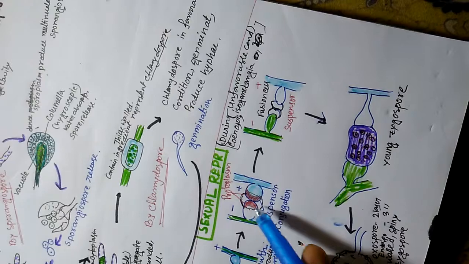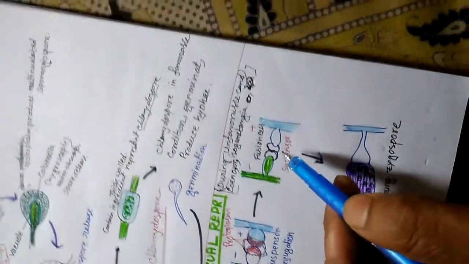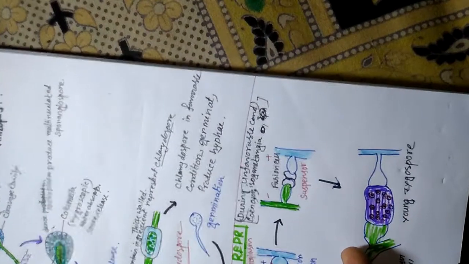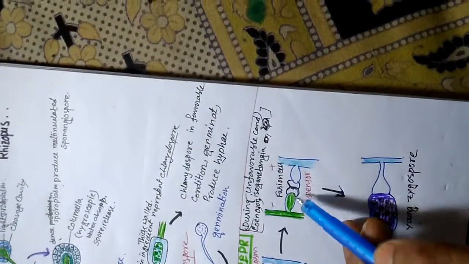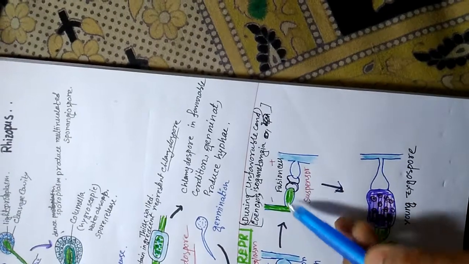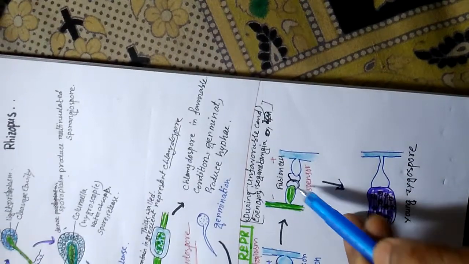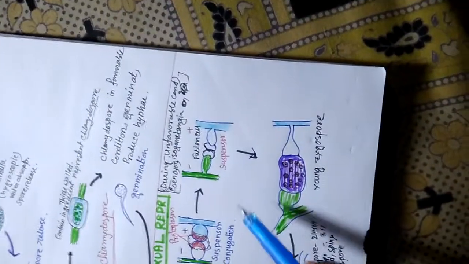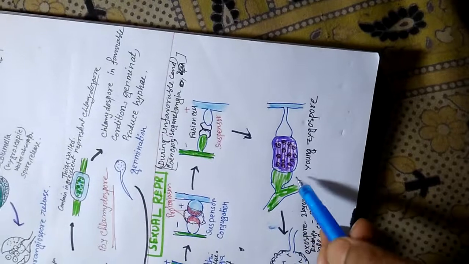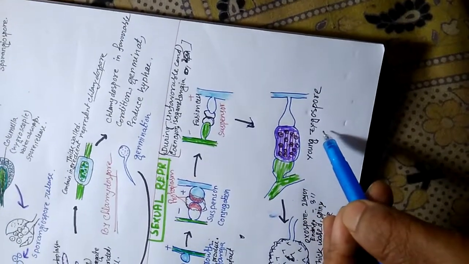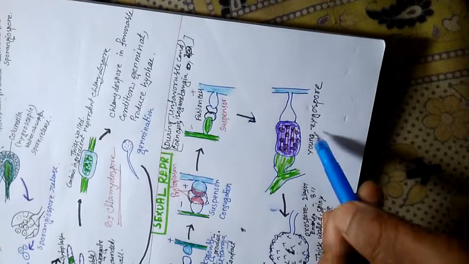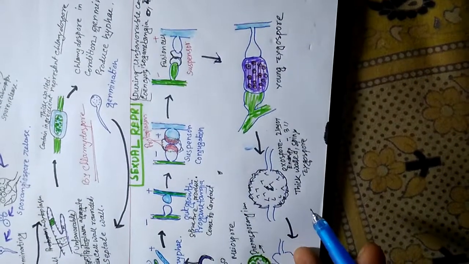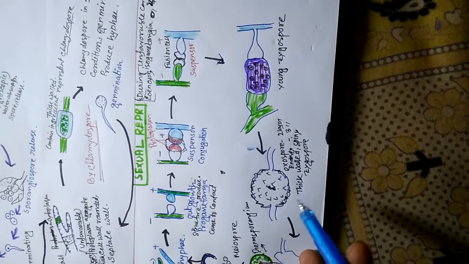Here the protoplasm conjugation takes place. Next, we find a swelling where the two cell protoplasms fuse, and a swollen structure is formed. This is called the suspensor. The suspensor next to the young zygospore. The young zygospore is thick walled and spiny.